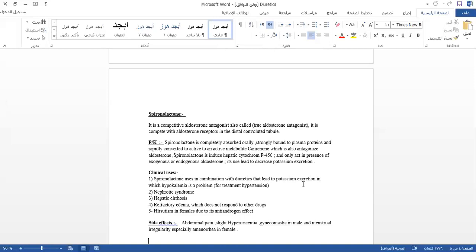Clinical uses of spironolactone in combination: the first indication is to combine it with other natriuretic drugs, the high efficacy and moderate efficacy diuretics that we mentioned, which cause hypokalemia, in order to keep potassium and overcome the hypokalemia associated with them, and to control mild or severe hypertension.